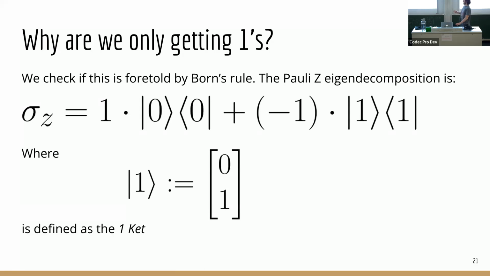And then we are adding to it the eigenvalue of -1 times the outer product of the 1 ket with itself. And here, the 1 ket is just a vector defined as follows. It has a 0 in the first entry and a 1 in the second entry.